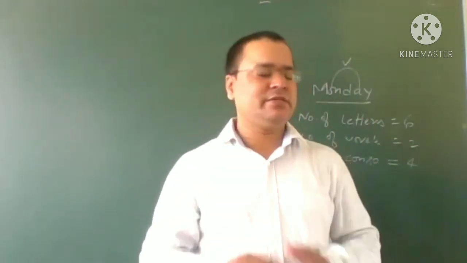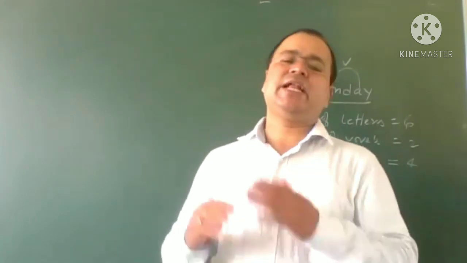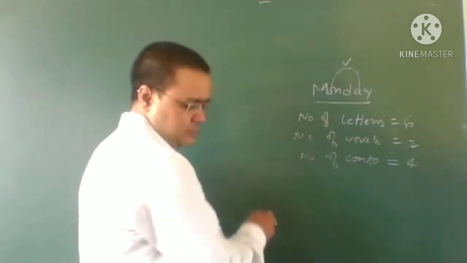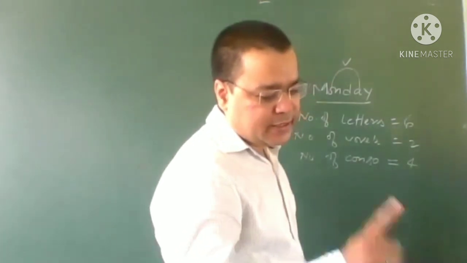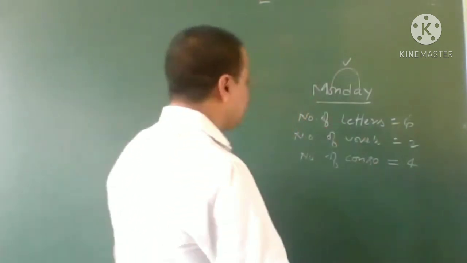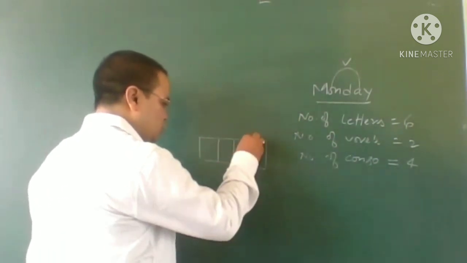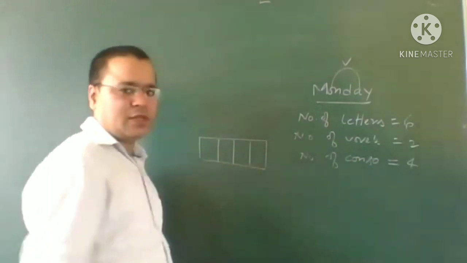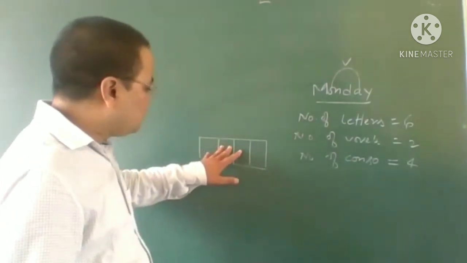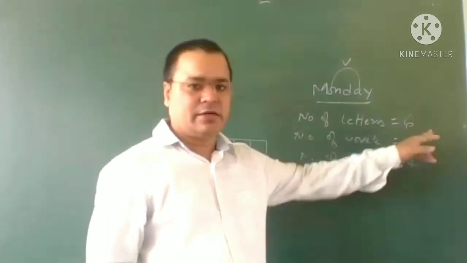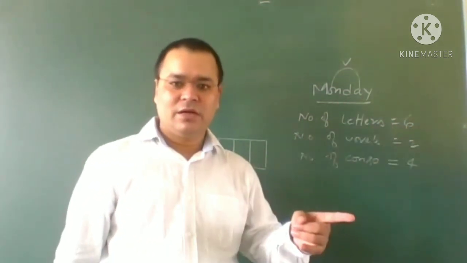Now you just imagine that there are 4 places. The question is 4 letters are used at a time. There are 4 places: 1, 2, 3, 4. I want to fill these 4 places with the help of these 6 letters.